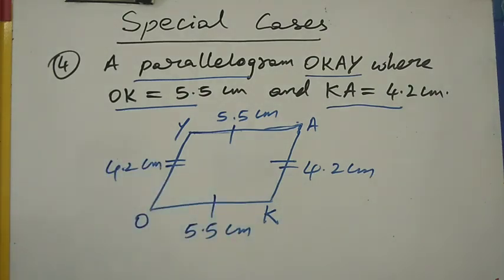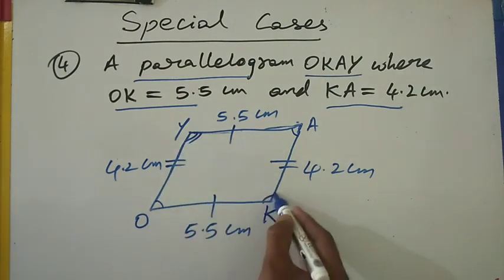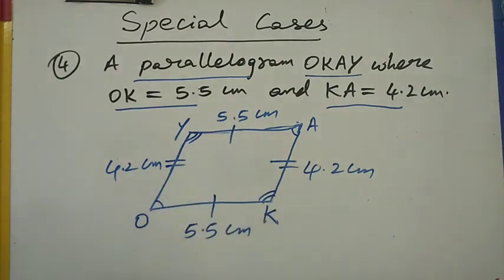That means I know four sides of a parallelogram, but I am not given any one of the angles even. Since we know the properties of a parallelogram, that opposite angles are equal and a pair of adjacent angles are supplementary, here we are not given them, then how can we go for construction of it?